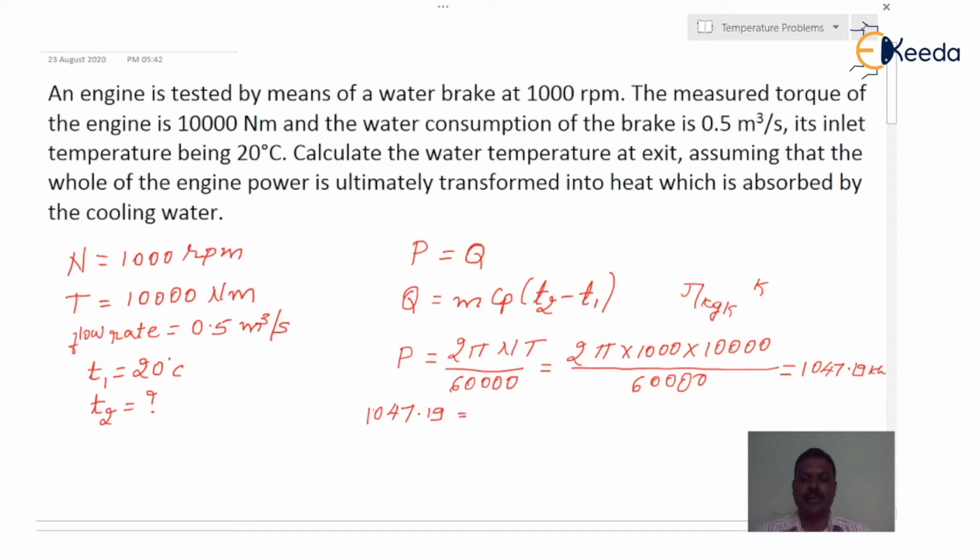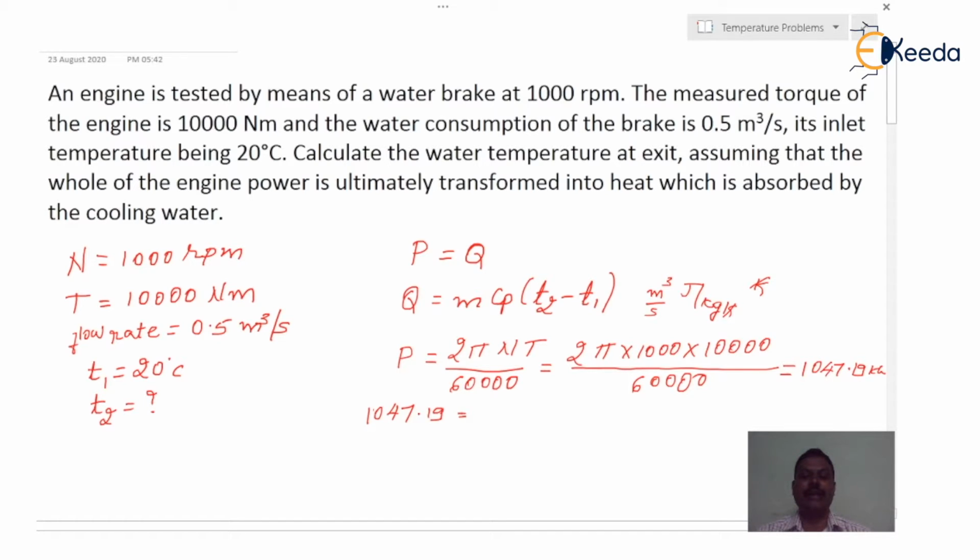Here Kelvin gets cancelled. Here joules per kg is there, but on the left hand side it is kilowatt, that is, watt is joules per second. But here if we have m as unit meter cube per second, the units are not same on the left and right hand side.